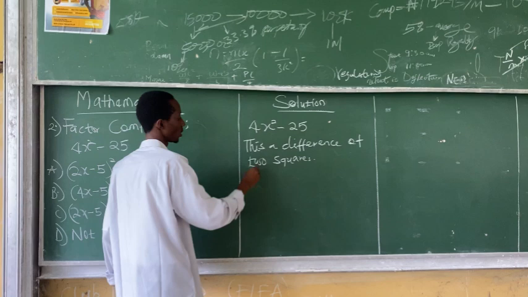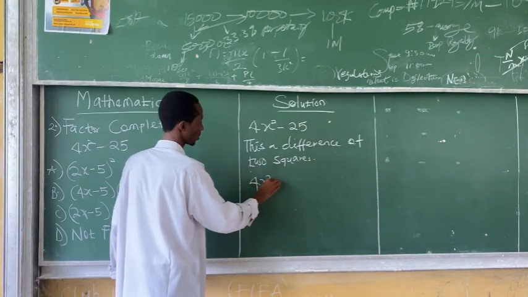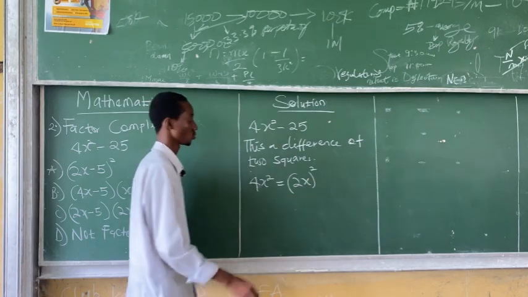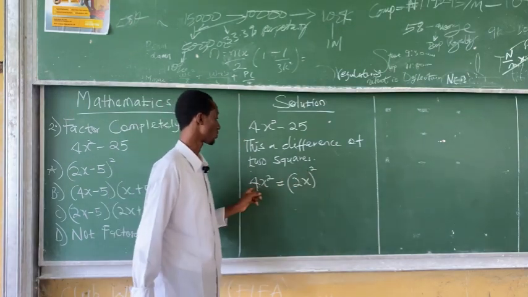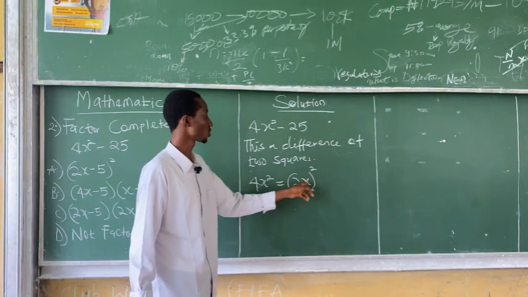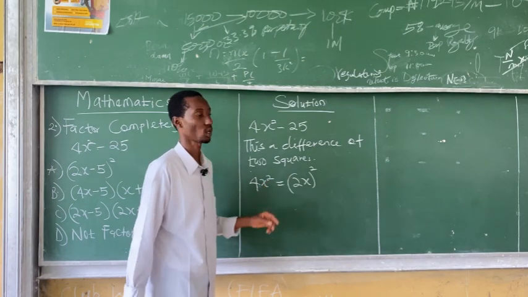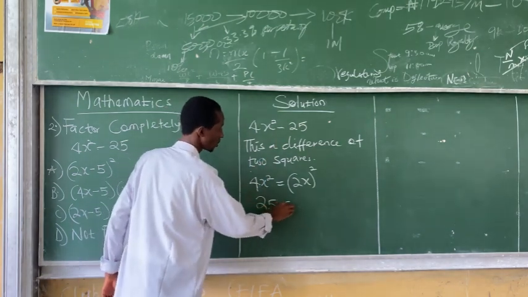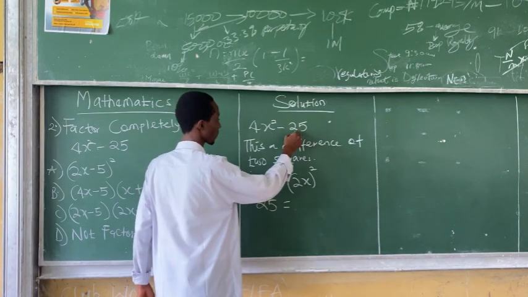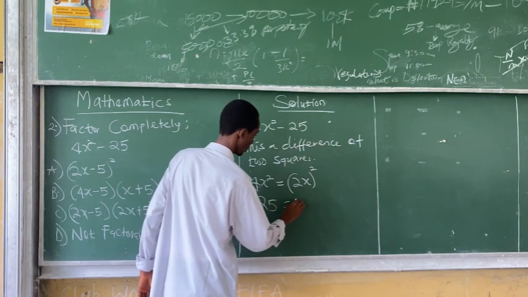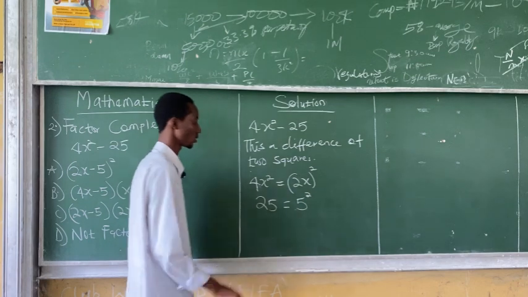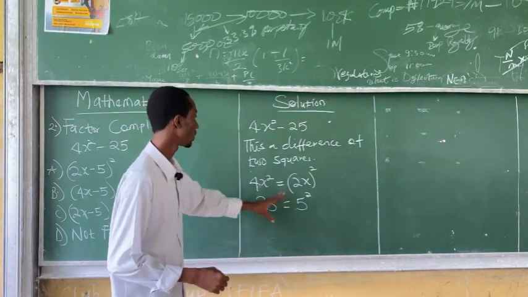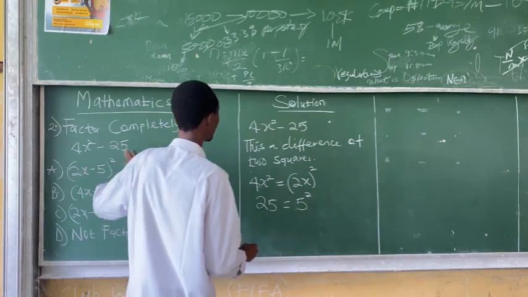The first term here, 4x squared, is the same thing as what? 2x raised to power 2. 2 raised to power 2 is 4. X raised to power 2 is what? X squared. For the second term, 25 here is equal to what? 5 squared. 5 raised to power 2 is what? 25. So here, if you are asked to factorize this, it's very simple.